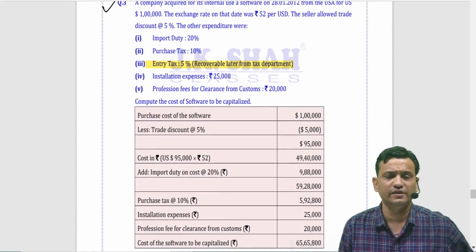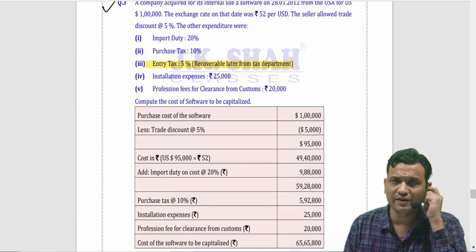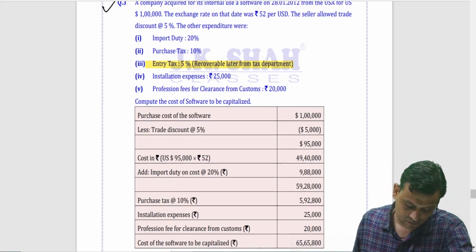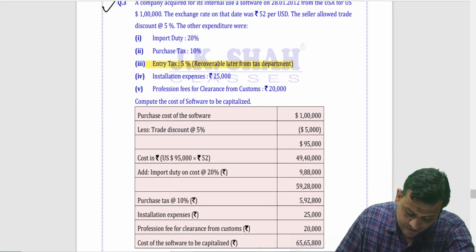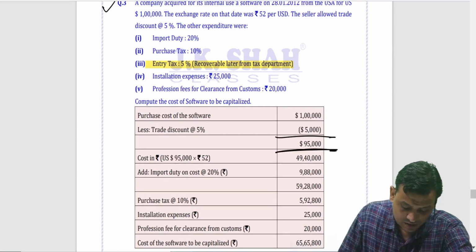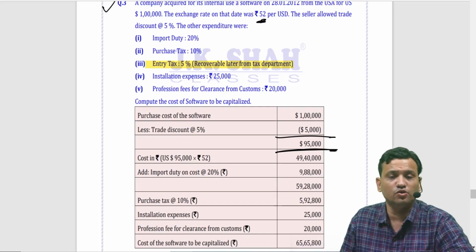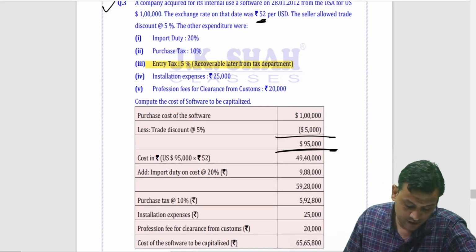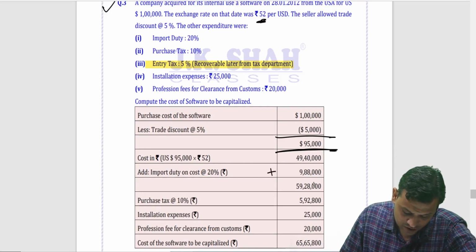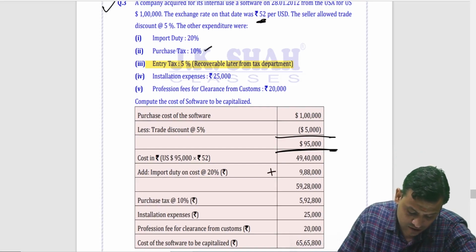So first of all, friends, the purchase cost is $1 lakh. From that I will deduct 5% trade discount. So what I'll get is $95,000, multiplied by the spot exchange rate, which is 52. So it comes to 4940. Import duty 20%. So we'll add up import duty. So this is the cost. Purchase tax of 10%.